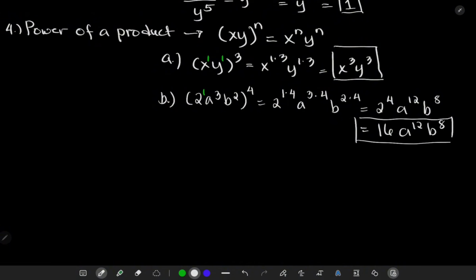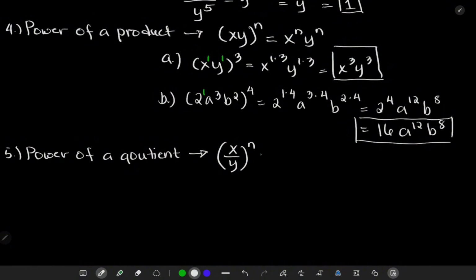And then last, we have the power of a quotient. So let's say if we have the quantity of x all over y raised to the nth power.